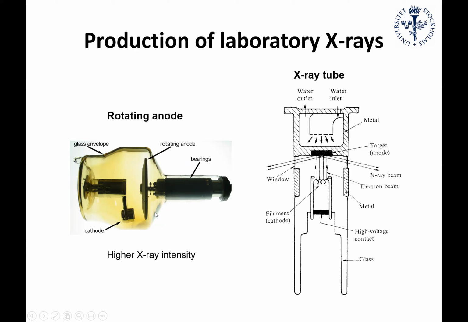So this doesn't heat up the anode as much as a stationary X-ray tube. So with a rotating anode source, you have less of a heating problem, which means you can bombard more electrons on your anode, essentially creating a more intense X-ray beam. So this is just a way to deal with the cooling issue.